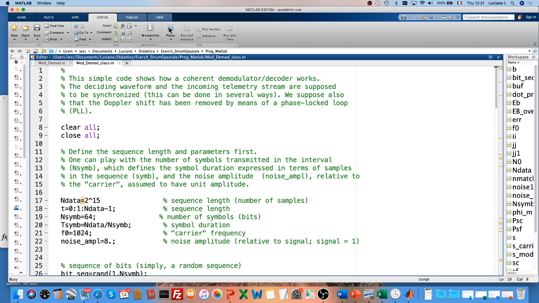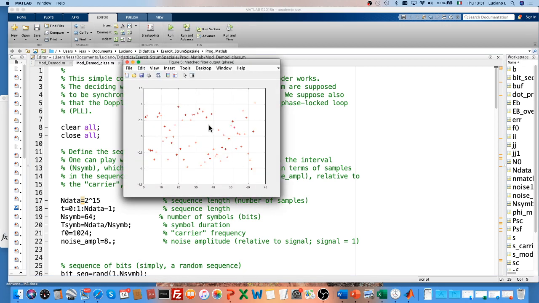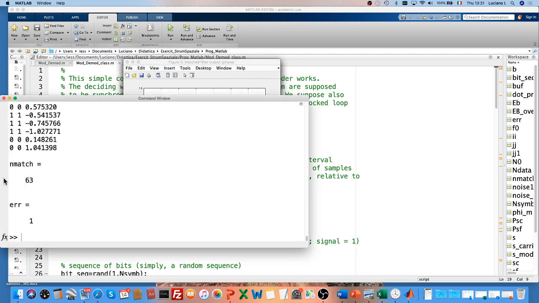I run the code, and now I have fewer bits, but still a clear mixture of the two clouds, the positive and the negative clouds. So I expect a relatively large number of errors still. Not much, only one.